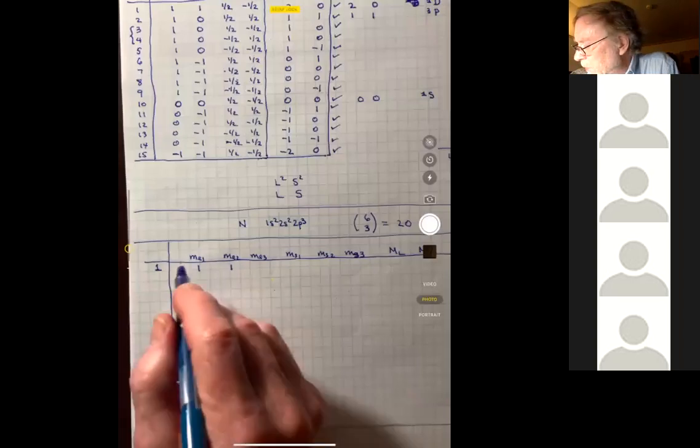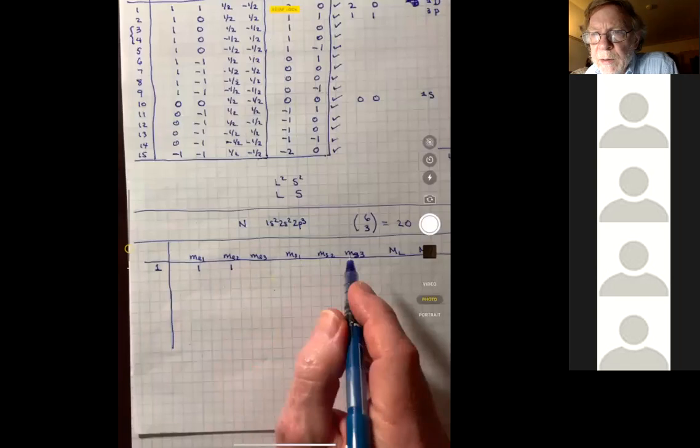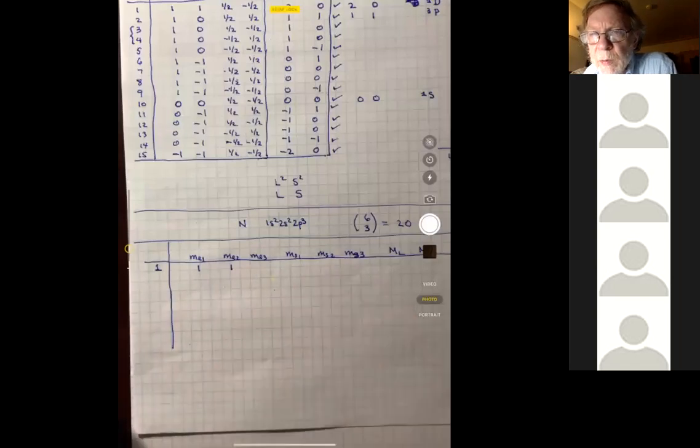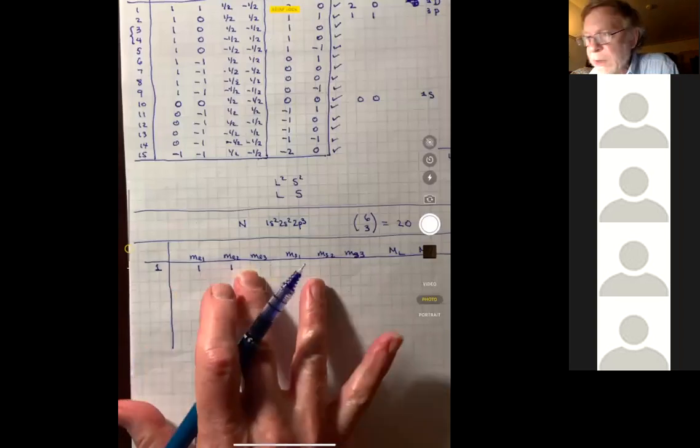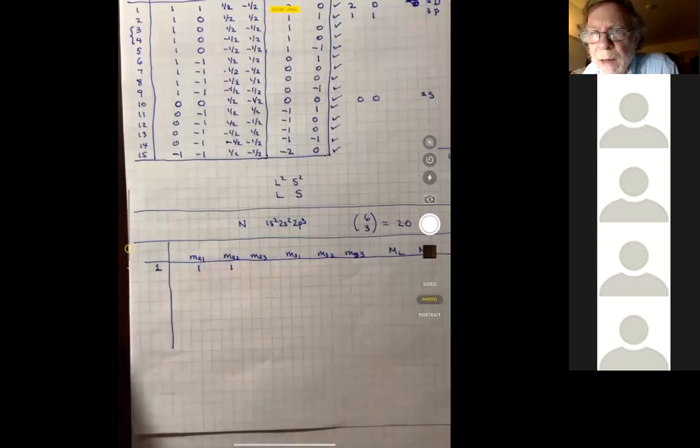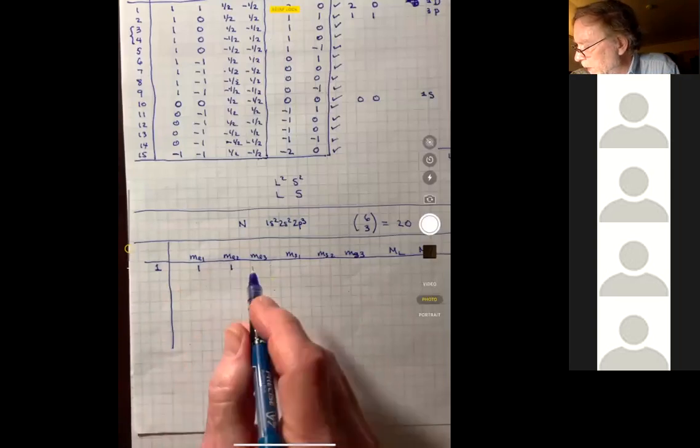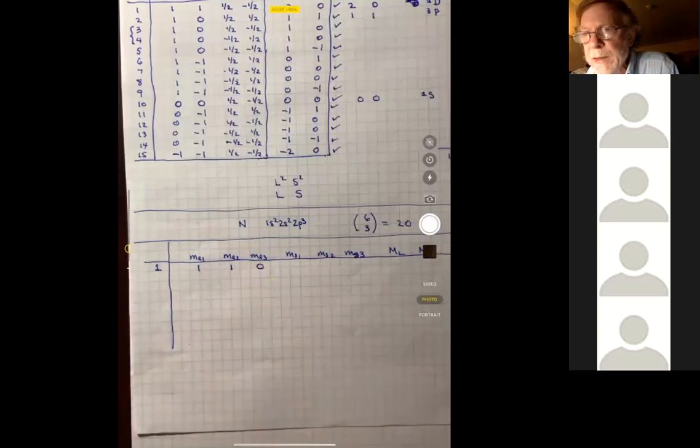And if all 3 MLs are equal, there is no way to assign plus and minus a half MSs without making 2 of the MSs equal. And that means that 2 of the electron states will be equal to one another. And so by the Pauli principle, or if you like, the rules of determinants, the Slater determinant is 0. It's not an actual state. So we can't put a 1 here. We need to put a 0 there if we're going to list these ML numbers in descending order.